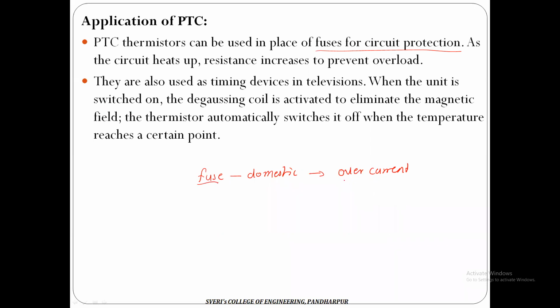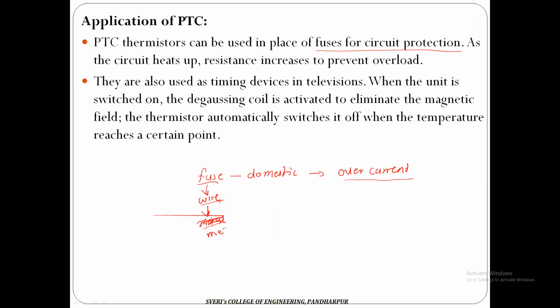When overcurrent flows through the main wire, the fuse wire will melt due to the increase in temperature. कारण current flow होतोय म्हणजे heat radiate होतोय आणि heat in the form of temperature. मग जर overcurrent flow झाला तर त्या fuse वायरचं temperature increase होतं. Temperature increase झालं की ती fuse wire will melt.